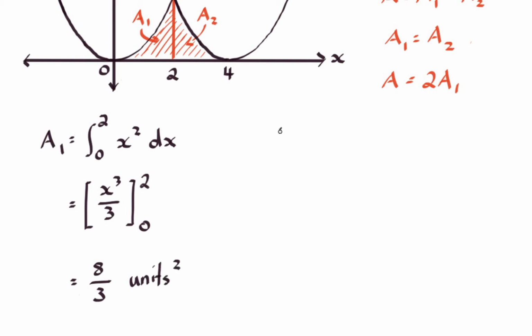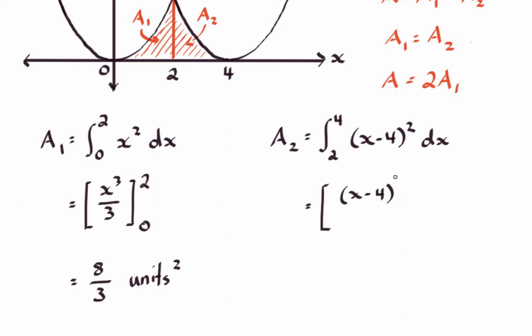What about area 2? Well, for this integral, we are going from 2 to 4, and we are underneath the other parabola. Integrating this using the chain rule, I suppose, we've got (x minus 4) cubed over 3.